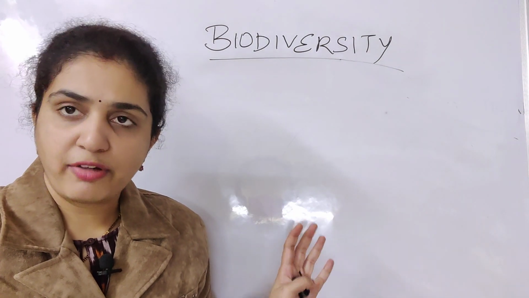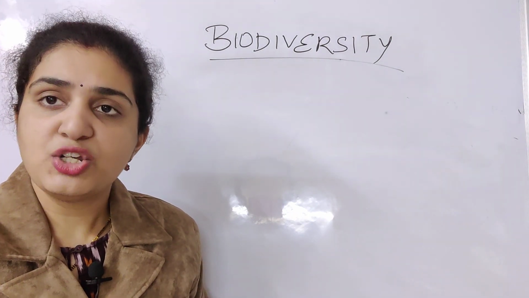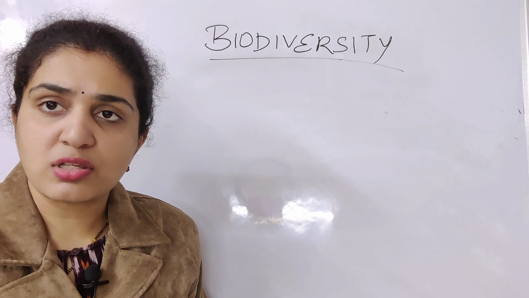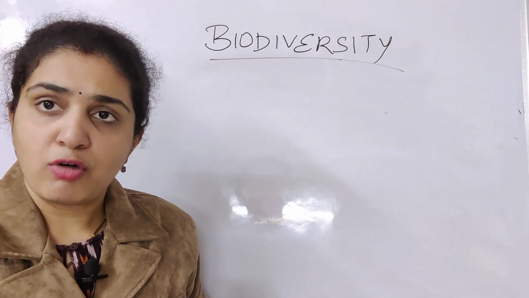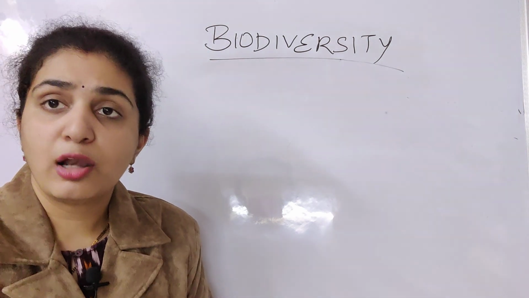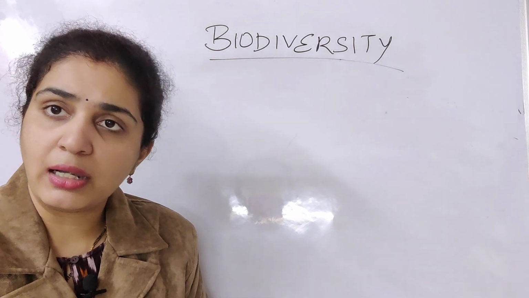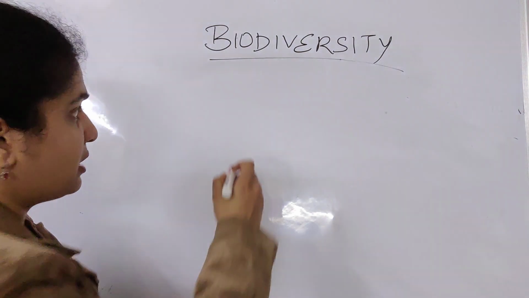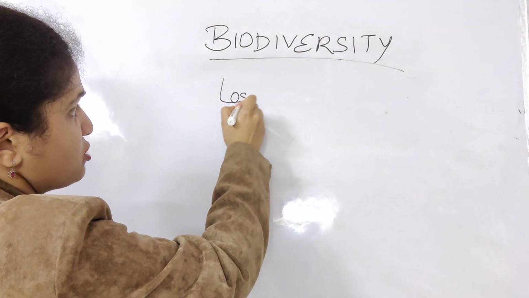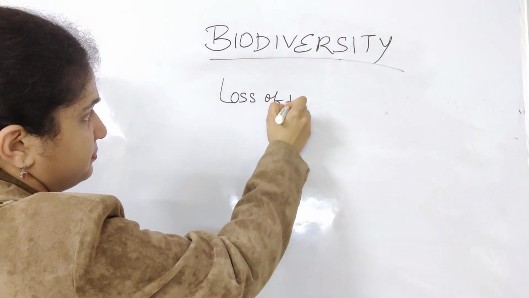Till now we have seen how species contribute to the ecosystem and what the patterns of biodiversity are. From now we will see how the loss of biodiversity happened and how we should conserve. That is the important topic that you should remember. So, loss of biodiversity.